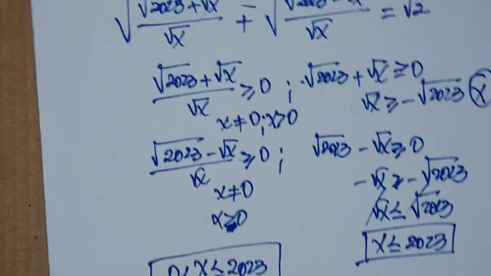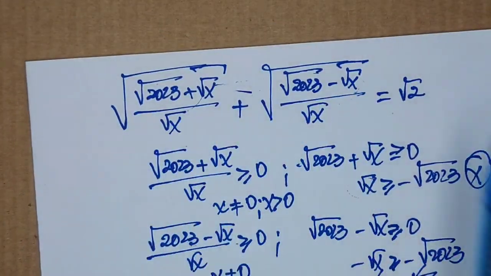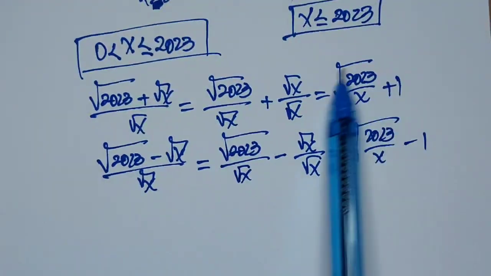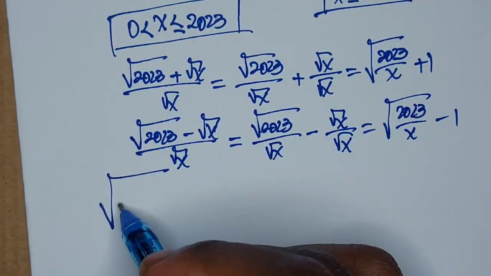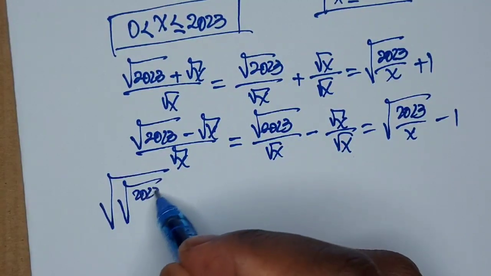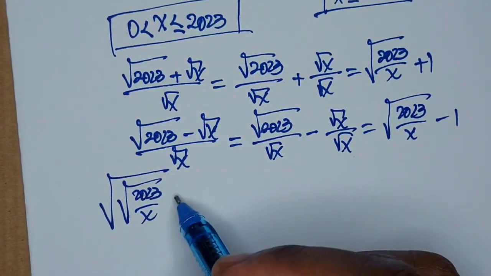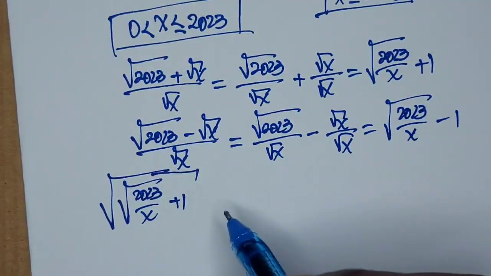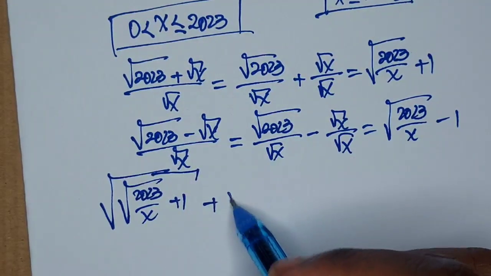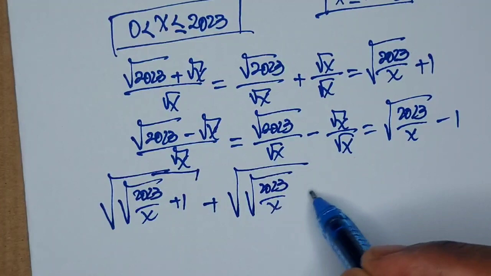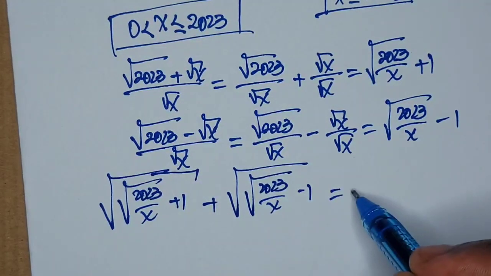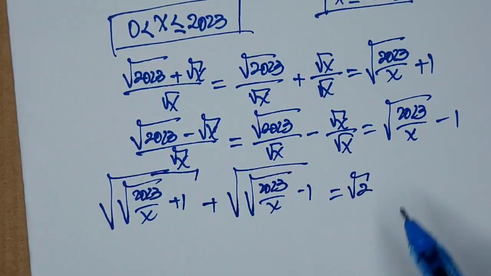So now we can rewrite our equation considering these transformations, right? So we would have square root of 23 over x, plus 1, and plus square root of 23 over x minus 1, and this would be equal to square root of 2.